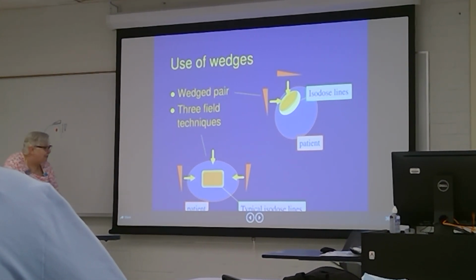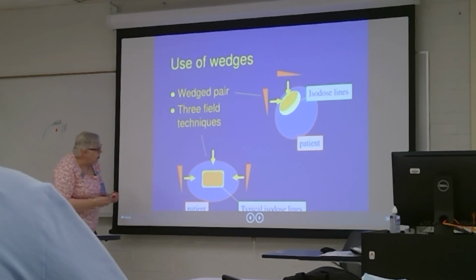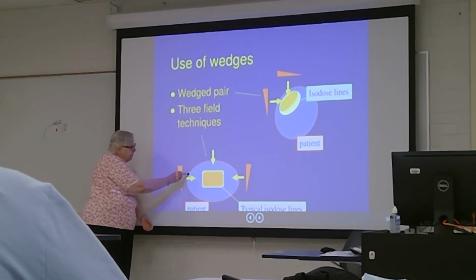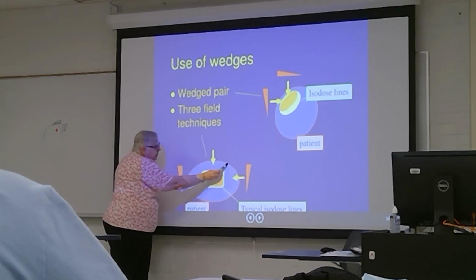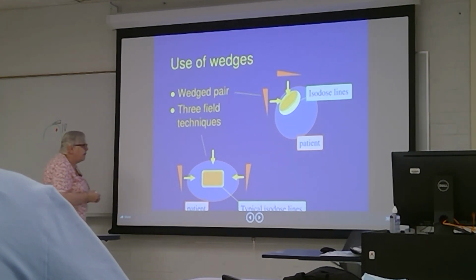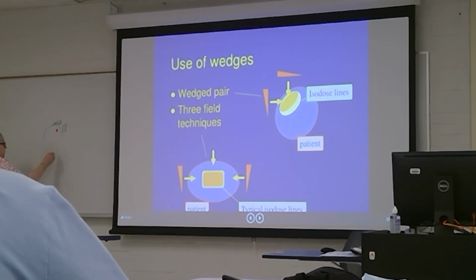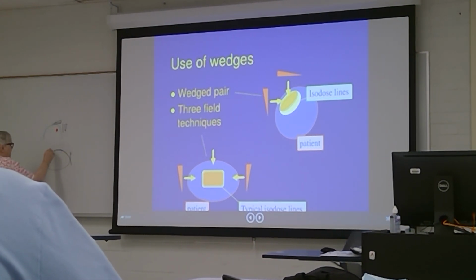It's because of the slope here. See this slope? So if I do something like this, and I put a wedge field here and a field here, then the thick ends of your wedge would be here.